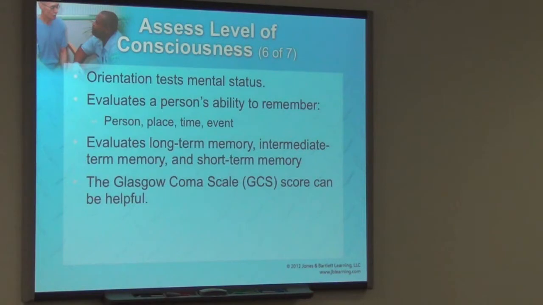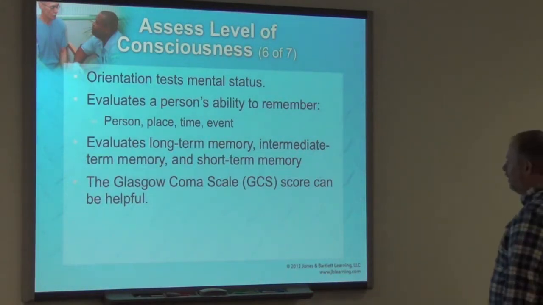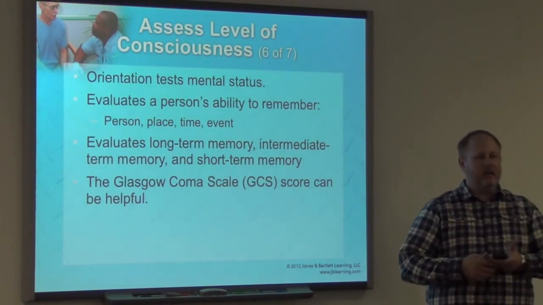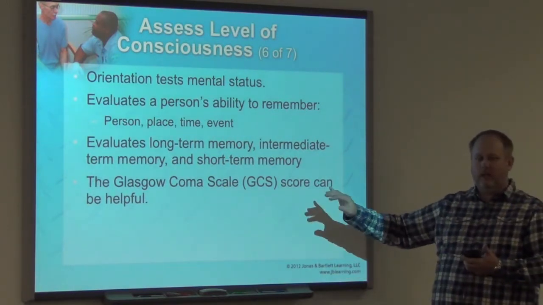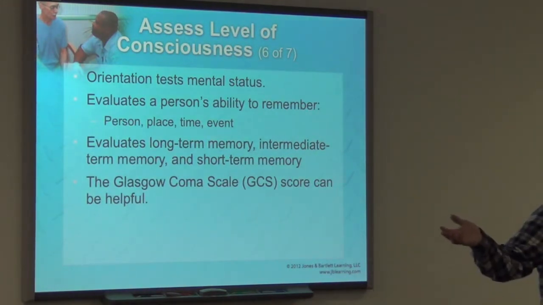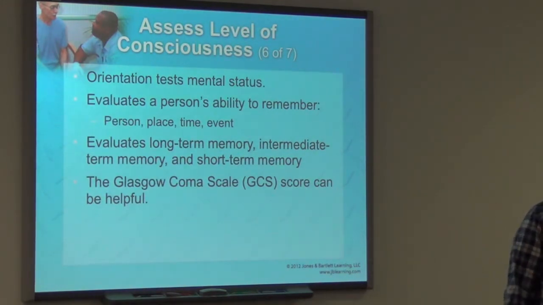Typically in the field we do this after the call's over and we put it in our reports. Rarely have we done it too often. Only thing is, a GCS of 15 is normal and alert, what you are now. A GCS of 3 is that desk. 3 is the lowest you can get. So a rock has a GCS of 3.